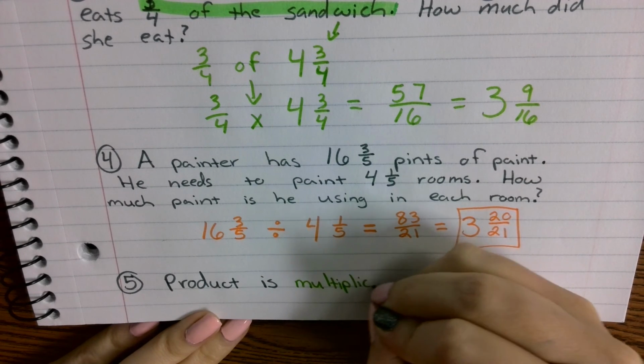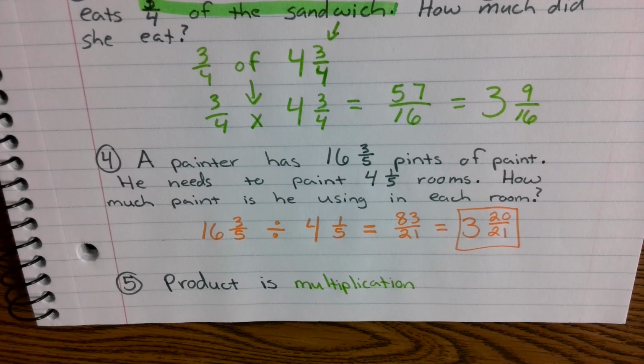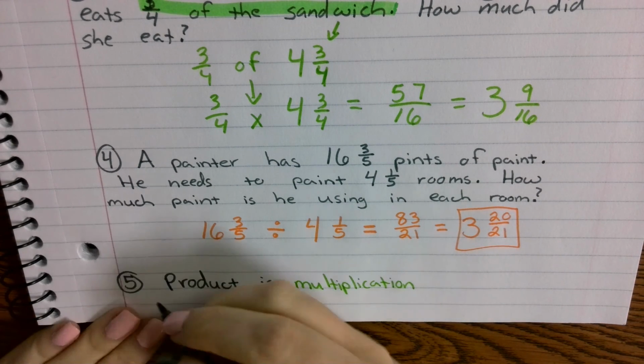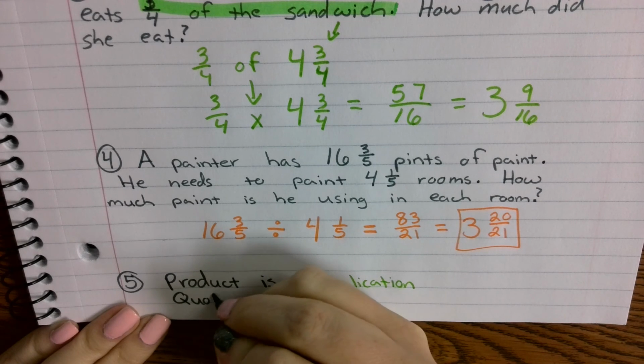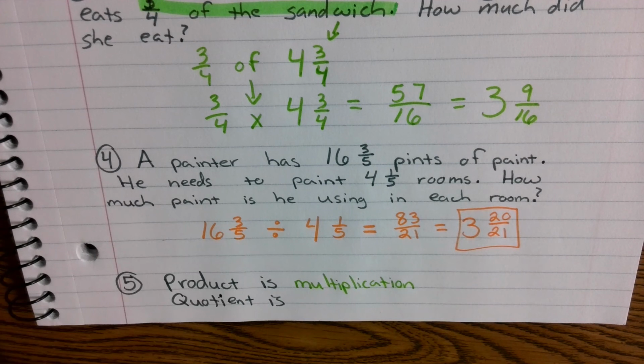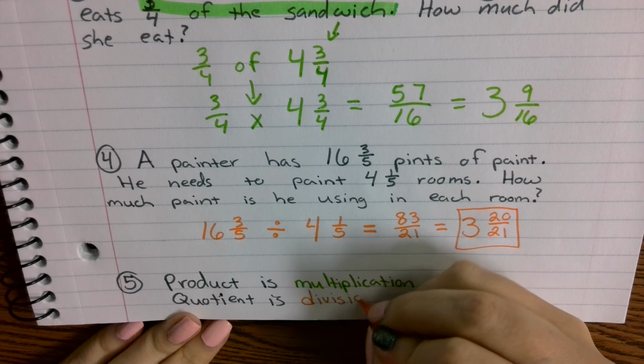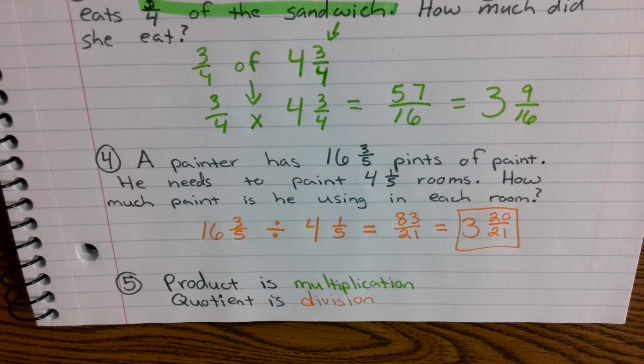So don't forget, if you see the word product, that means you're going to be doing multiplication. And if you see the word quotient, what word is quotient, Emily? Division. Quotient is division. So if you see those words, you're going to be doing division.